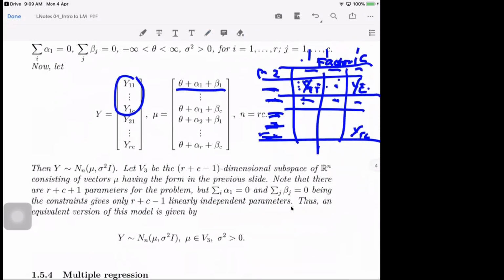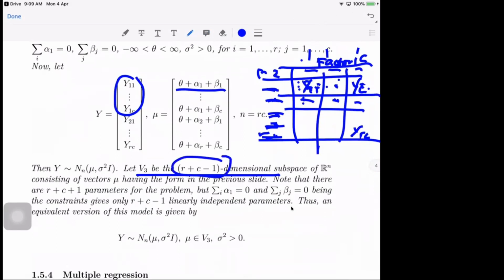So in coordinate reversion, all you have to do is establish your subspace, say V3, and the dimension of your V3 is the number of rows plus the number of columns minus 1, after subtracting it with the number of constraints.